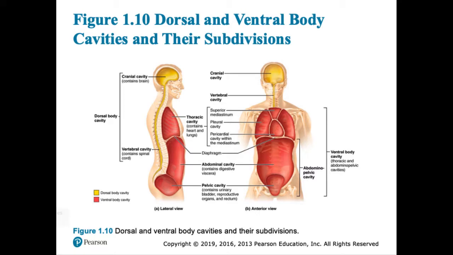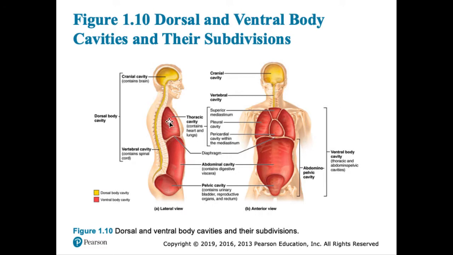We also have dorsal and ventral body cavities, and each of them has its own subdivisions. You have the dorsal body cavity that contains the cranial cavity, which holds the brain, and the vertebral cavity that holds the spinal cord.